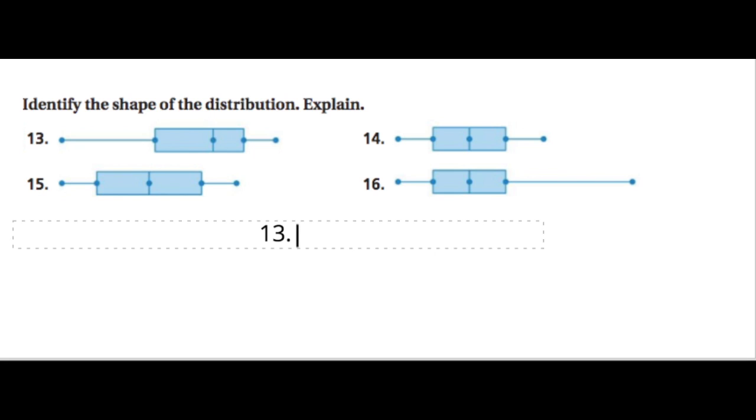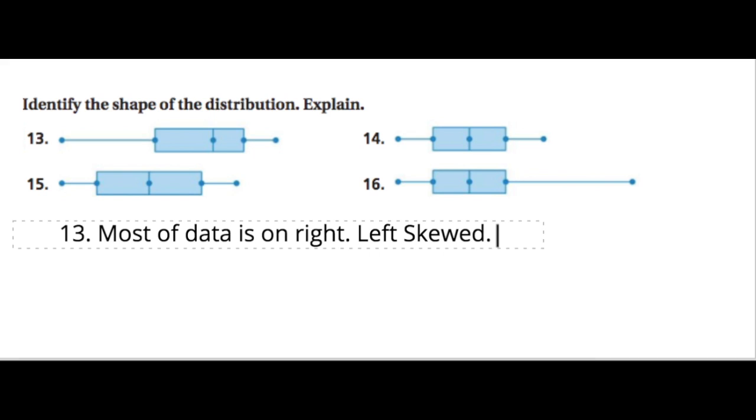So for 13, most of the data is on the right. Again, with our percentages, you could say 75% of our data is really towards the right, meaning this is left skewed. Most of the data is on the right, so it is left skewed.